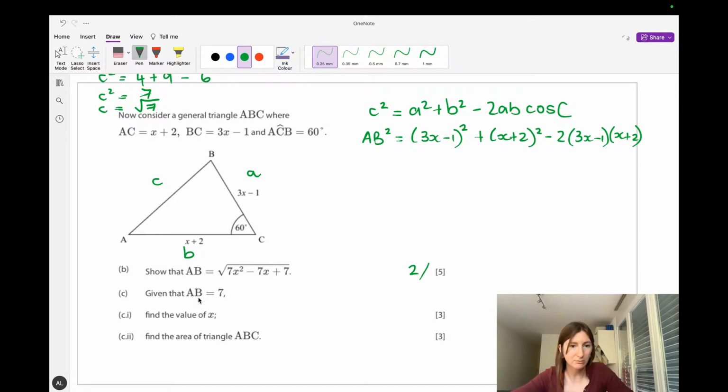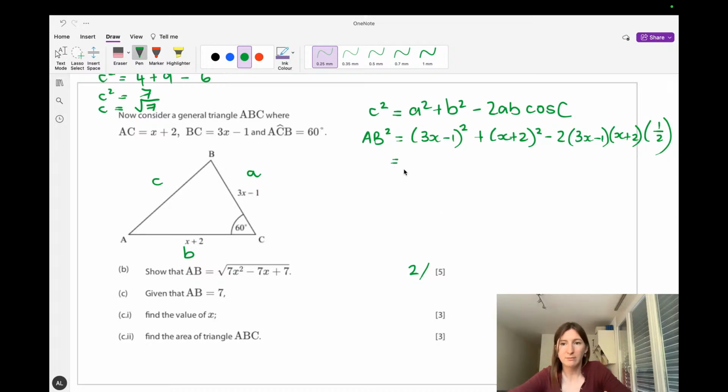Maybe not in this question, I'm not sure, but in general, given show that questions, you can use that. It's almost the IB's really nice way of helping you out. Like, it's okay if you didn't get that answer, but here it is to help you going forward, which is quite nice. Anyway, cos C, which I'm just going to immediately put as a half over here, because we know that that is cos of 60, which is a half.